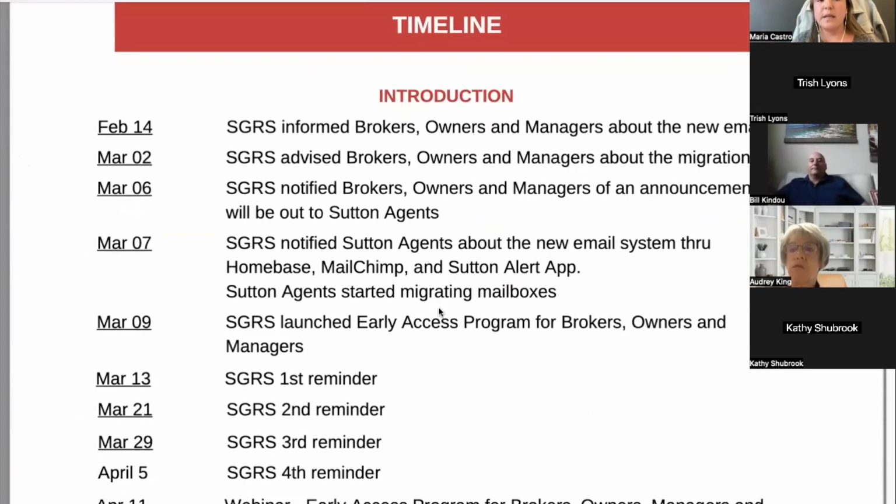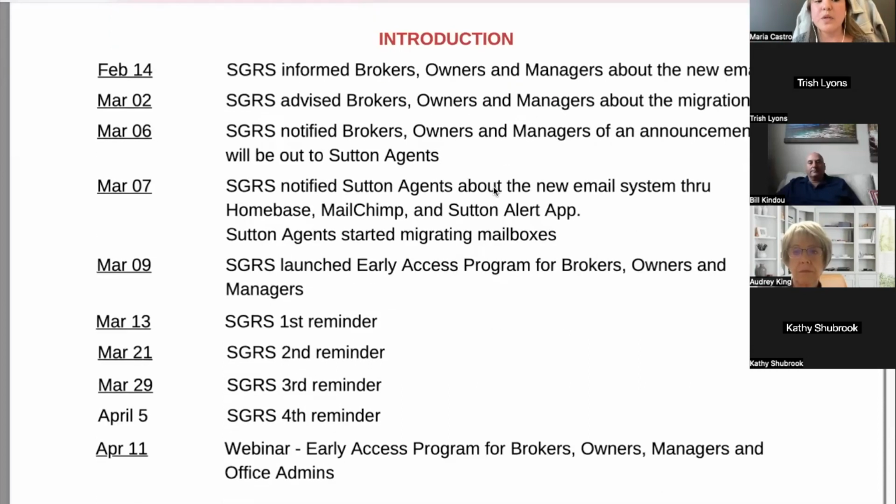This is basically the introduction of when the project started, and what are the notifications you as broker owners have received, and also the Sutton agents have received. I am sending a reminder every week for them to join the new program, the new email system. Why?